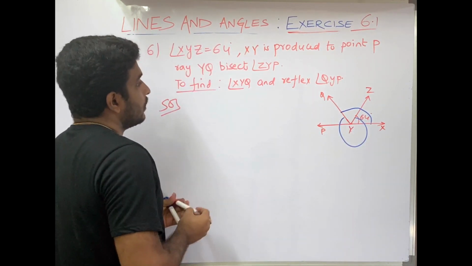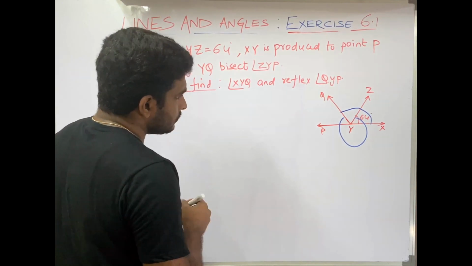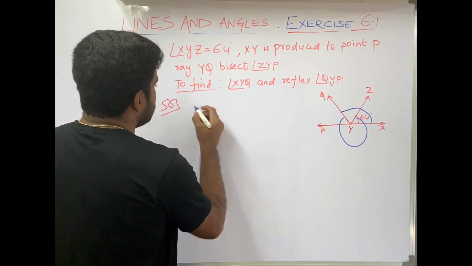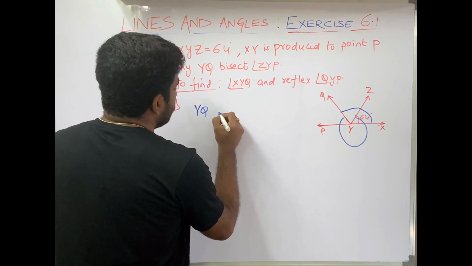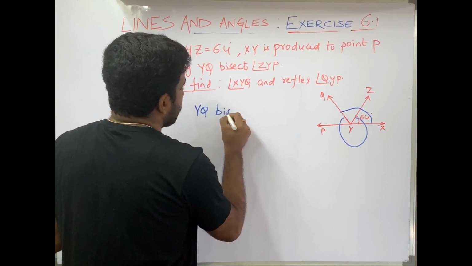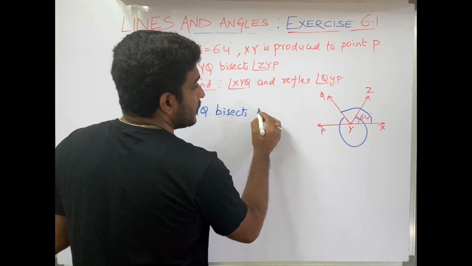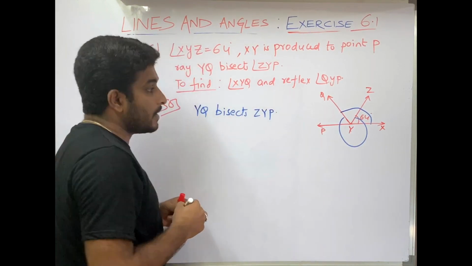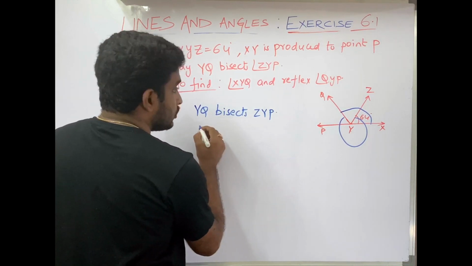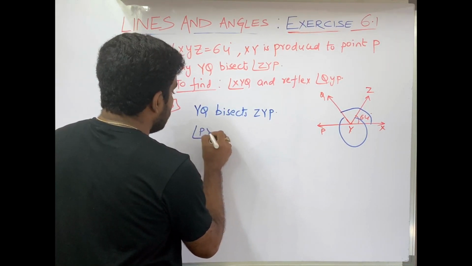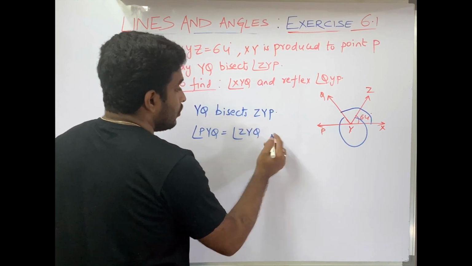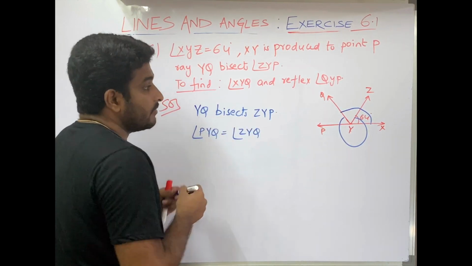Okay. Now what we have to do is, first we know YQ is a bisector. YQ bisects ZYP. That shows angle PYQ is equal to angle ZYQ because YQ is bisecting ZYP.